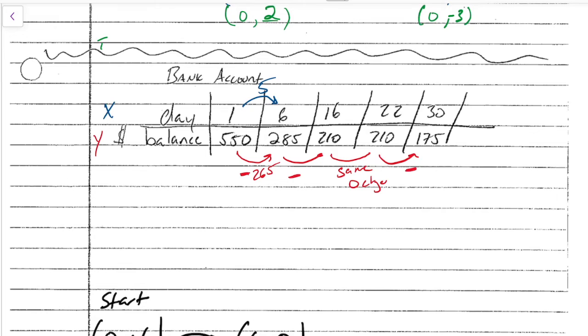Y is almost always the cost. So if we think change in Y over change in X, then we get, in this first one, negative 265 in 5 days. I'll have to come back and do some math on that later.